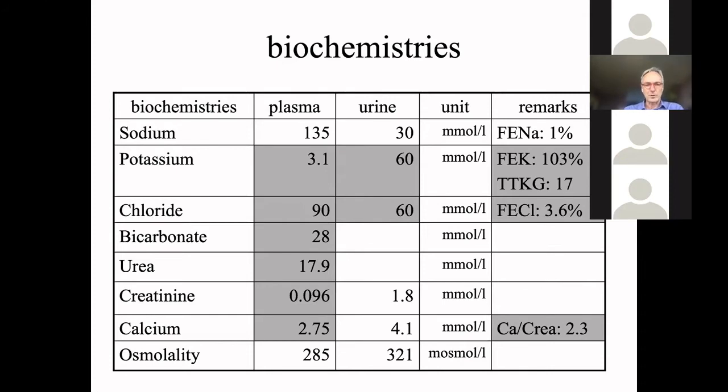So the tubules are going full blast at secreting potassium, and of course the fractional excretion of chloride is also markedly elevated, again consistent with the salt wasting disorder. And then there's hypercalciuria. So the hypokalemic, hypochloremic metabolic alkalosis with hypercalciuria is classic for antenatal Bartter syndrome.